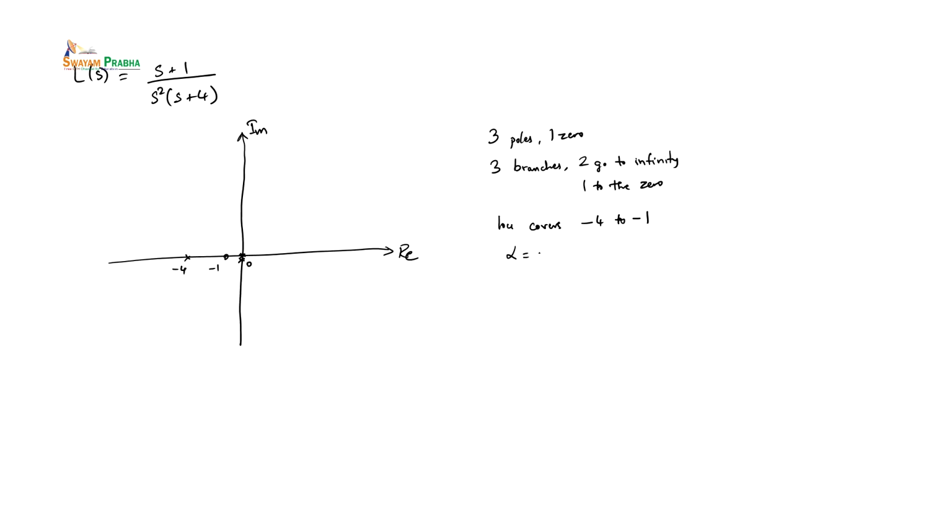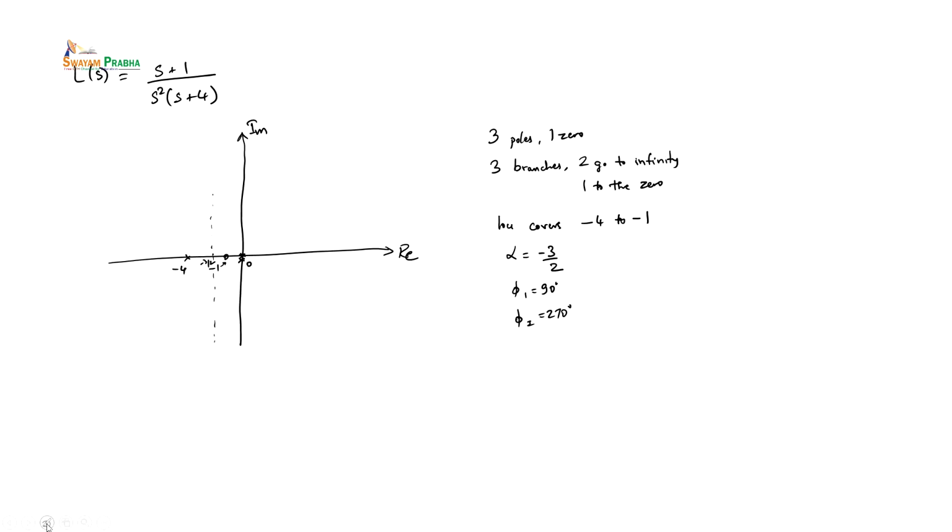In this case, alpha will be minus 3 by 2 and phi 1 will be 90 degrees and phi 2 will be 270 degrees. So we can plot, this is minus 3 by 2, one asymptote goes to 90 degrees, the other goes to 270 degrees.